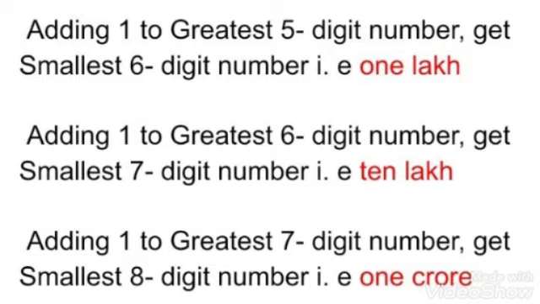Adding 1 to the greatest 7 digit number, you will get the smallest 8 digit number, that is 1 crore. If you add 1 to the greatest number, you will always get the smallest number with one more digit. If you take any one, you will get it like that only. Please check it out, try it.